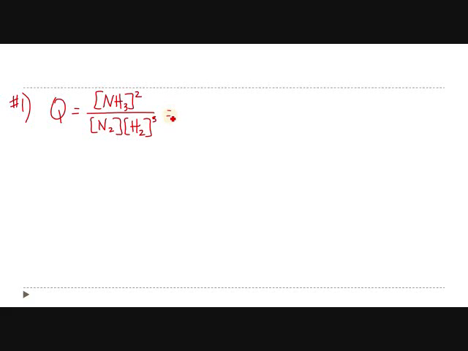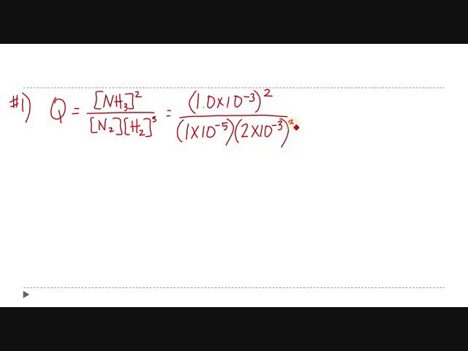So it'll be 1 times 10 to the negative 3 is the NH3 squared over, and N2 is 1.0 times 10 to the negative 5 times 2.0 times 10 to the negative 3 cubed.